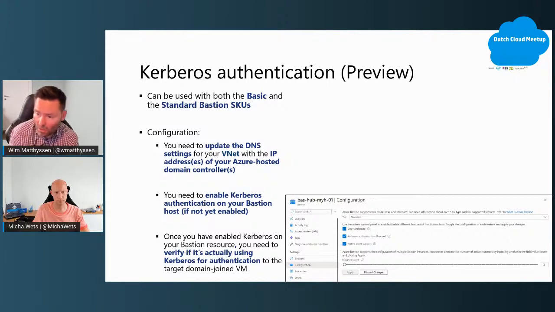And then simply under Azure Bastion enable Kerberos, which is currently in preview, so don't use it for any production VMs. Once you enabled it, you can start connecting with your domain accounts without the use of Azure AD or whatever. Just simply with your domain account, you can log into your Azure IaaS VMs.